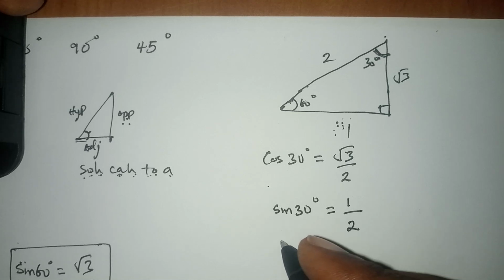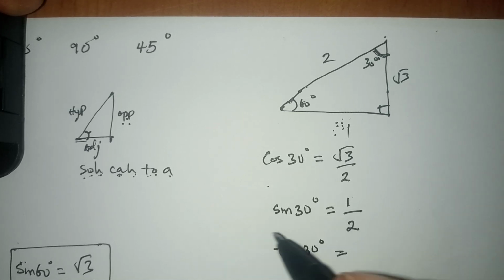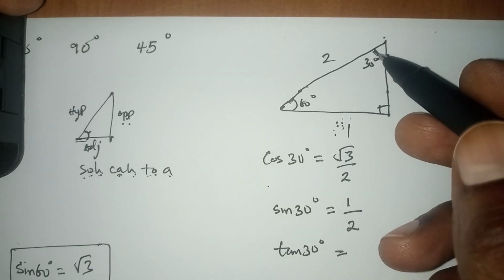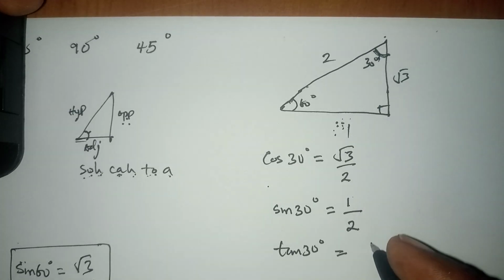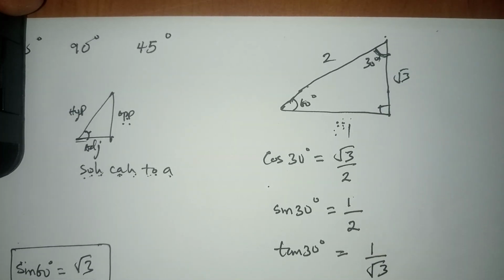Then let's go to tan 30 degrees. Tan is opposite over adjacent. What's opposite here? 1. Adjacent is what? Root 3. So that is cos 30, sine 30, and tan 30.